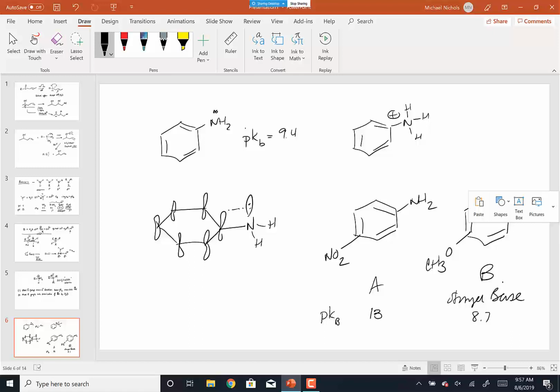But also you can't forget about it because there are times when we're going to use that chart to tell whether we're pushing electron density into the ring or out of the ring. So, I stress fundamental rules because we use them. The fundamental rule here is that anything that pushes electron density to the nitrogen is going to make it a stronger base.